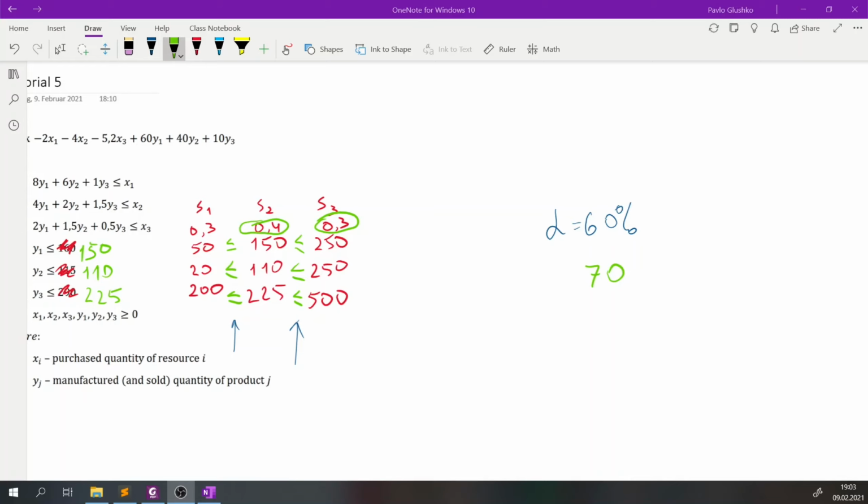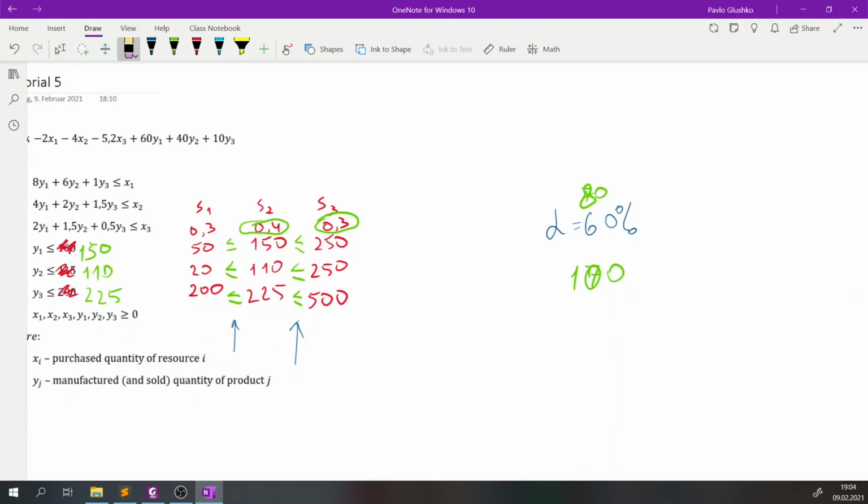Of course, if we would like to achieve an alpha level not of 60 but of 70, it would still work because our factual feasibility probability is 70. If alpha would be 80, of course, 70% wouldn't be enough, and we would have to change our decision and use the right-hand side from scenario 1, which would be the same as the fed solution, and it would again guarantee feasibility in 100% of the cases.